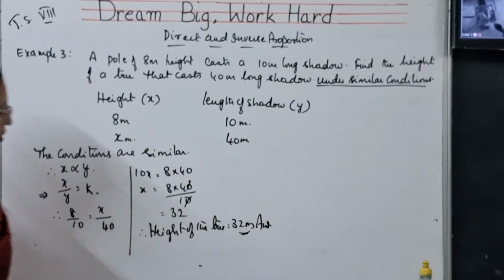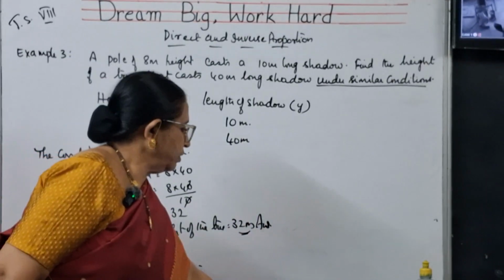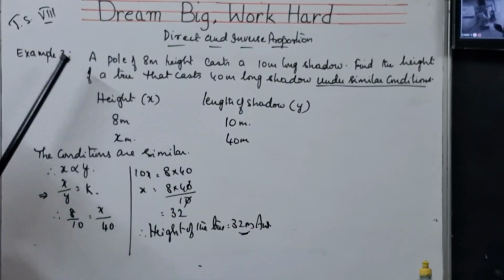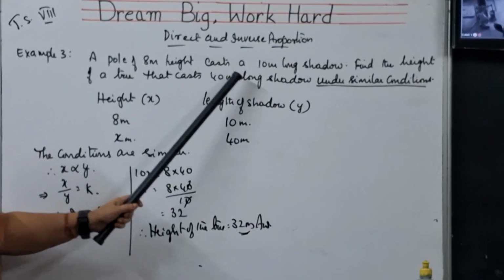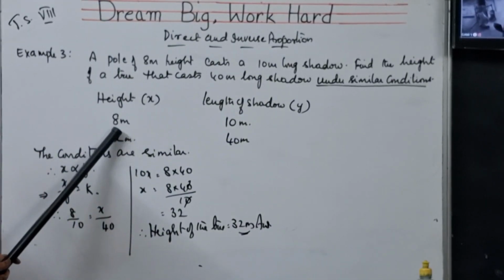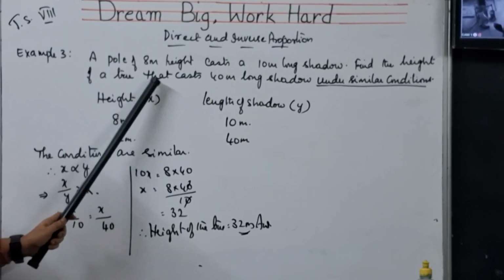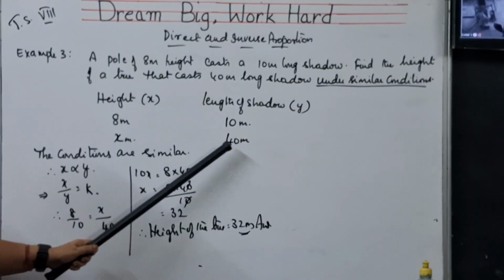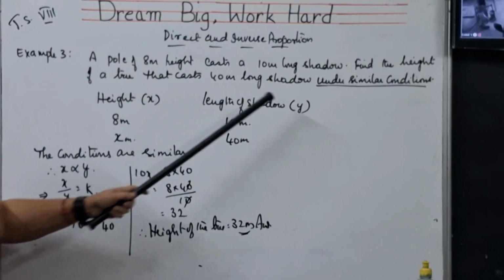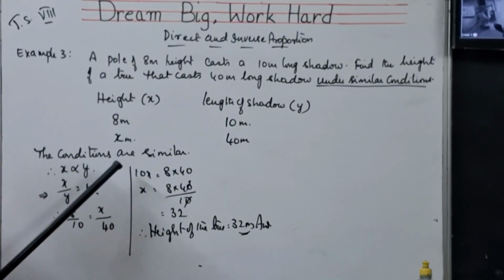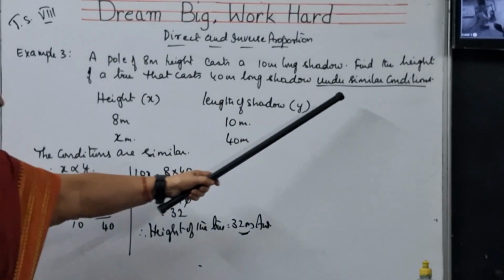This is the answer, children. Once again, you see, a pole of 8 meters height casts a 10 meters shadow. Find the height of the tree that casts a 40 meters shadow under similar conditions. So this clause is very important.